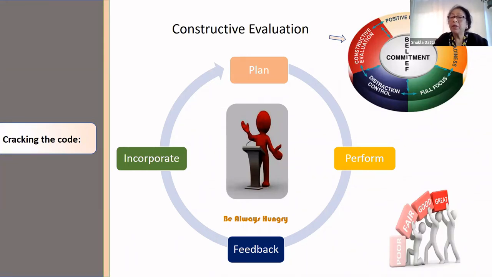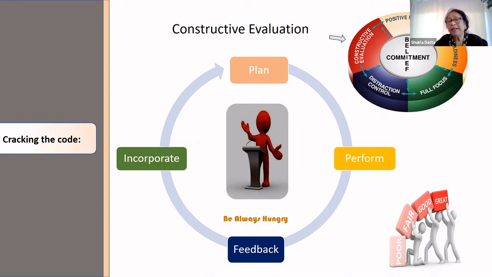Evaluation must be constructive so that we are excited and inspired to bring our best, to improve and grow from good to better, better to best, as you can see here. There is a Japanese way of evaluation called the Kaizen Way.